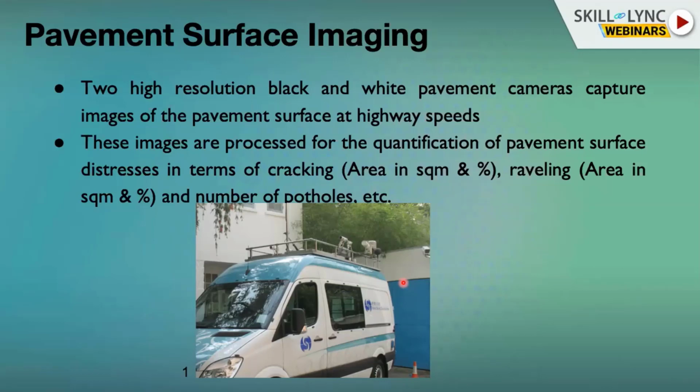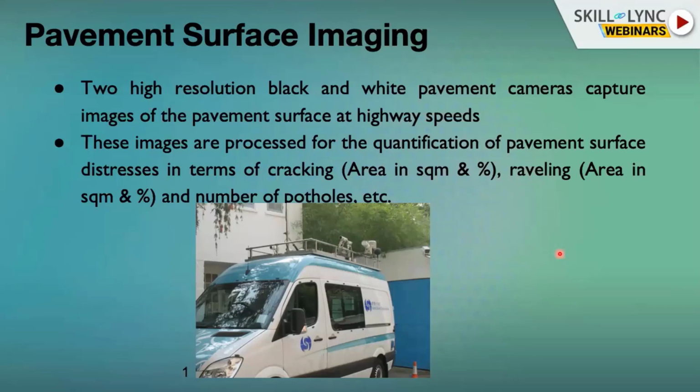Then using the post processing software, we will quantify how much cracking is there, how much raveling is there, or how many potholes we have. Basically, this post processing software will use machine learning algorithms as well as image processing techniques.